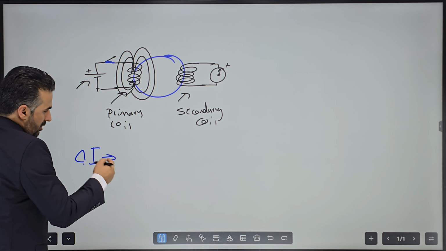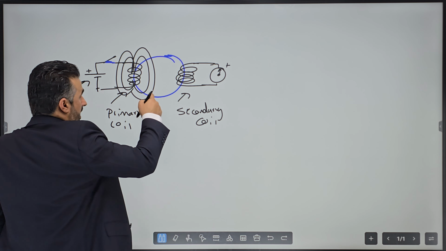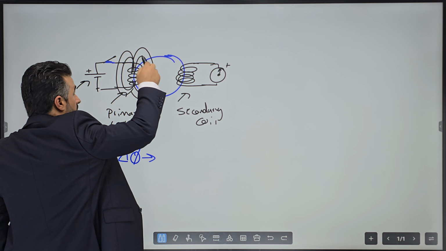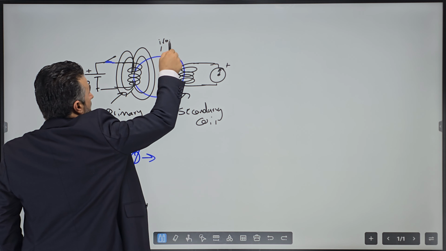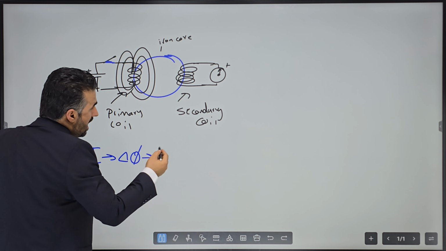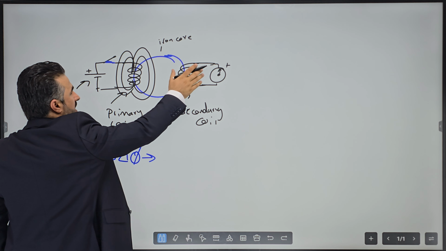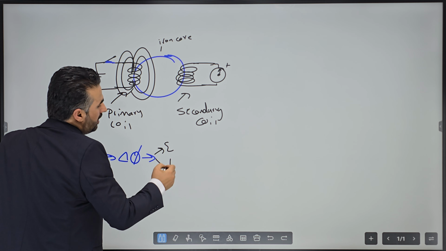That change in current leads to a change in flux. That change in flux, this magnetic field, will be transferred by this iron core to the other coil. And now we can see that there is a change in the flux on the other coil, which leads to an induced EMF and a current in the other coil.